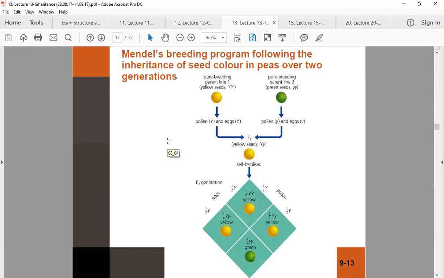So remember we talked about crossing this pure breeding parent line, which is pure breeding for yellow seeds. And remember we can say true breeding or pure breeding. Crossing that to parent line number 2, which is pure breeding for green seeds.